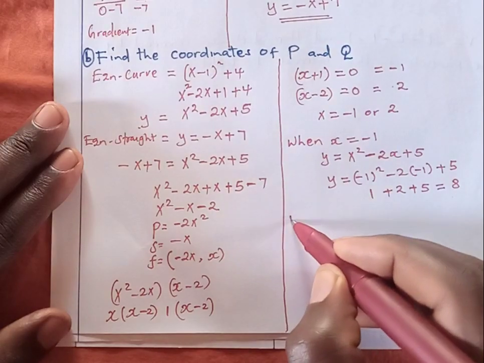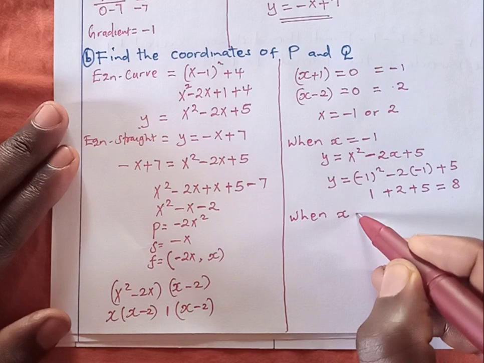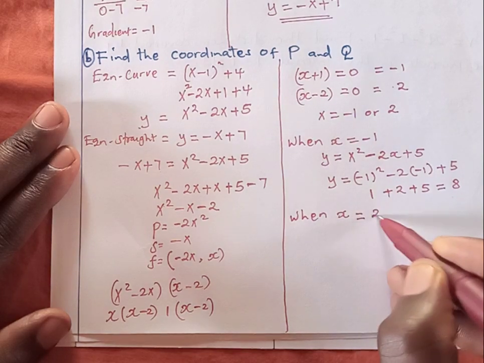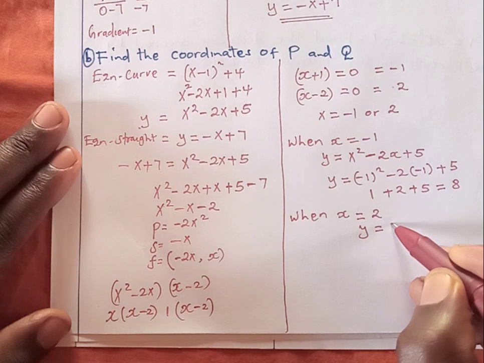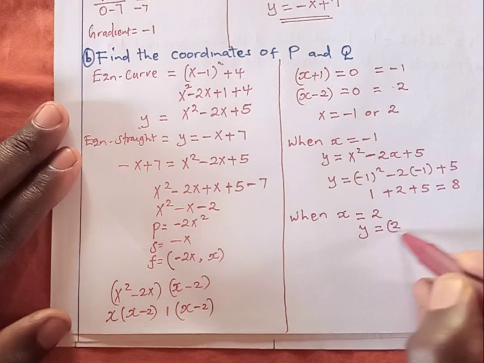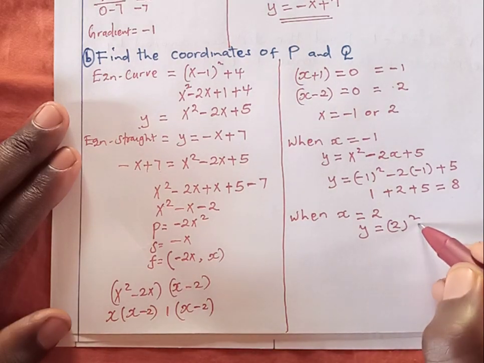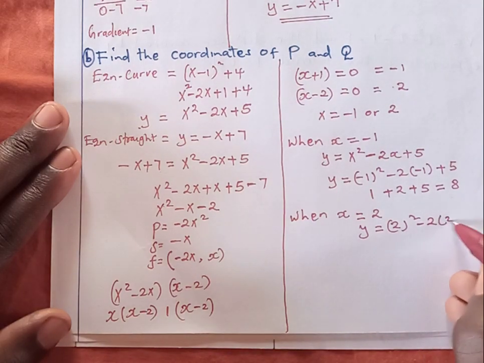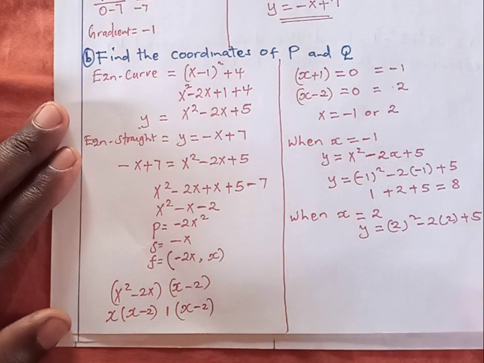What about when x is positive 2? y is going to be 2 squared minus 2 multiplied by 2 plus 5. This is 4 minus 4, 0.